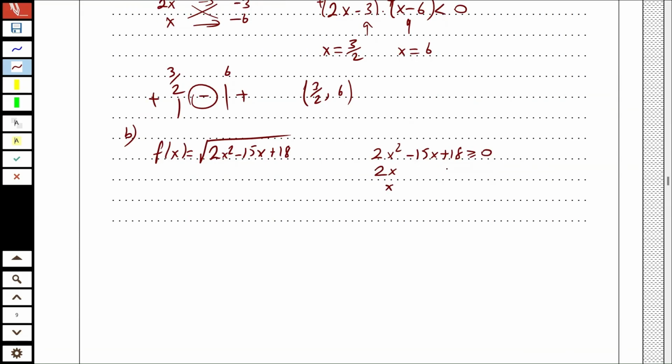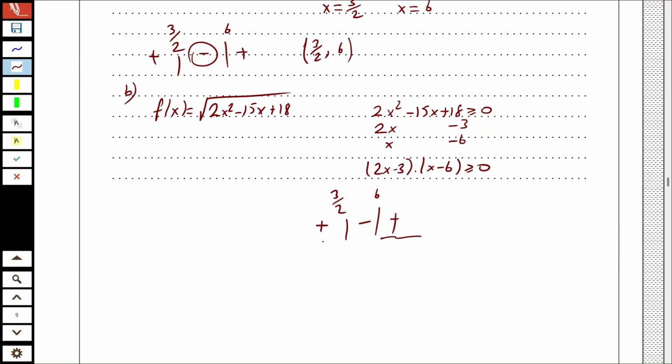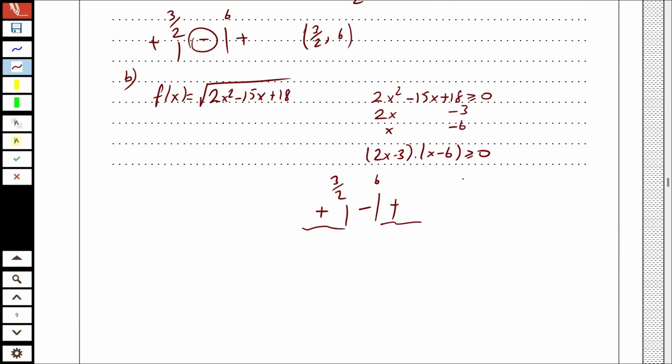We already factorized these numbers like this. When you draw the sign table again, now we are looking for the positive range. I mean, there are two ranges here.